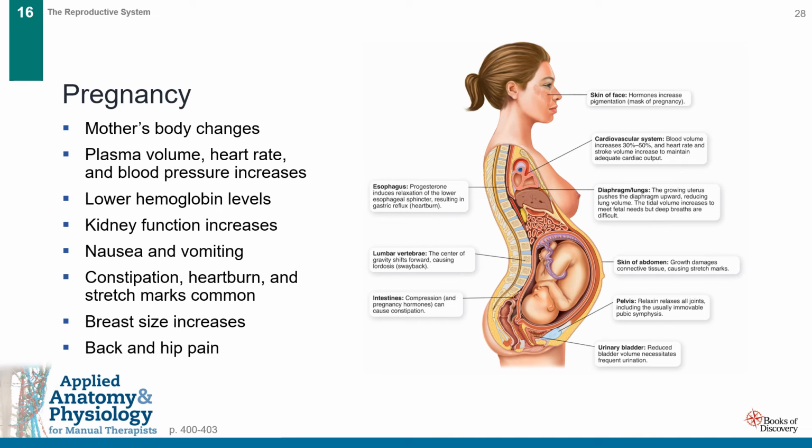With the lowered hemoglobin levels and the increased demand for oxygen required by the fetus, the mother's respiratory rate also increases. Kidney function also increases to process the additional fluid and fetal waste, and pressure on the bladder from the growing fetus increases the frequency and urgency of urination.